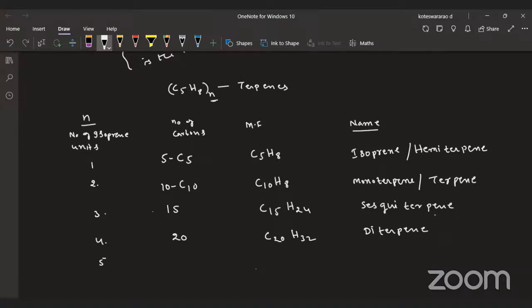Where n is equal to 5, the number of carbons is 25, C25, H40, that is sesterterpene. Right? Where n is equal to 6, the number of carbons is 30, this is triterpene.